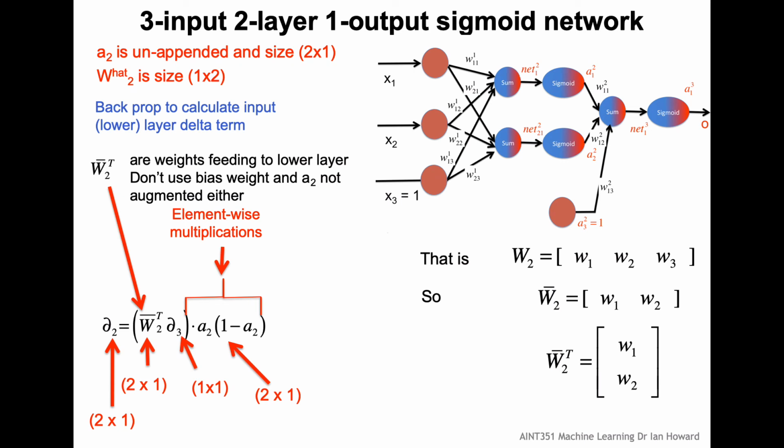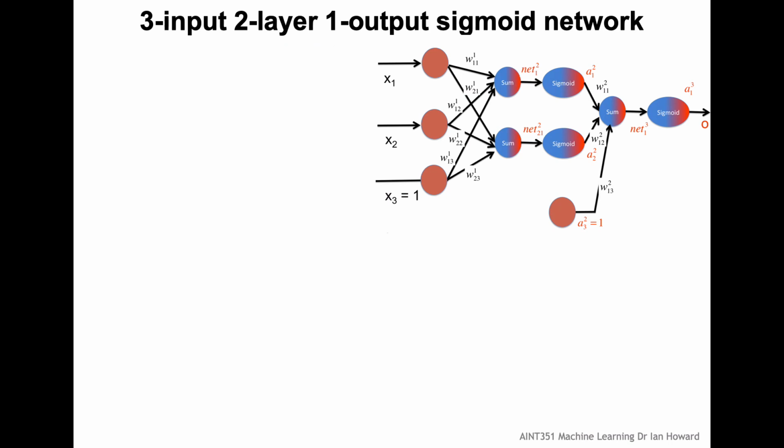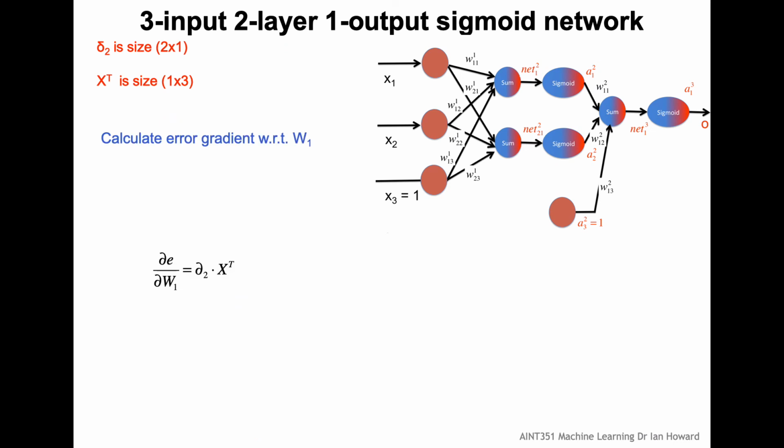Therefore delta 2, as we expected, the effective error at the output of the lower layer, is represented by the error at A1 and A2, and that's therefore just 2 values. So that's going to be a 2 by 1, and that's a matrix multiplication in there.